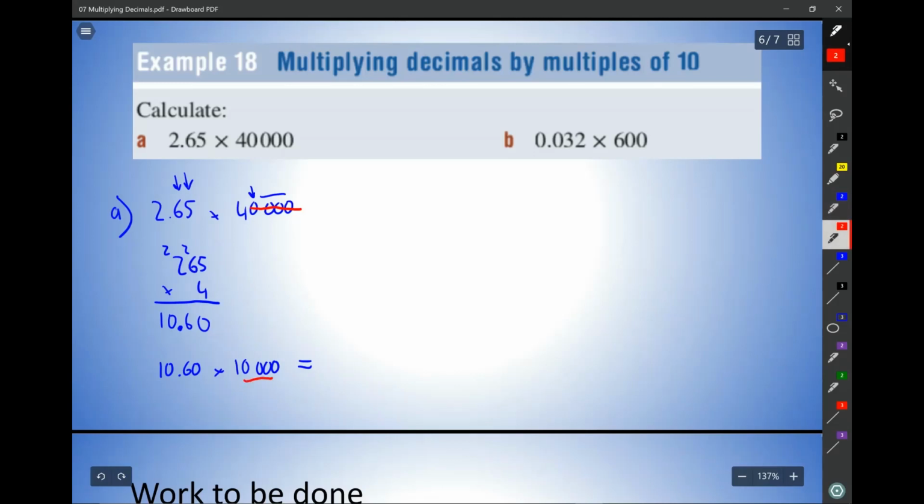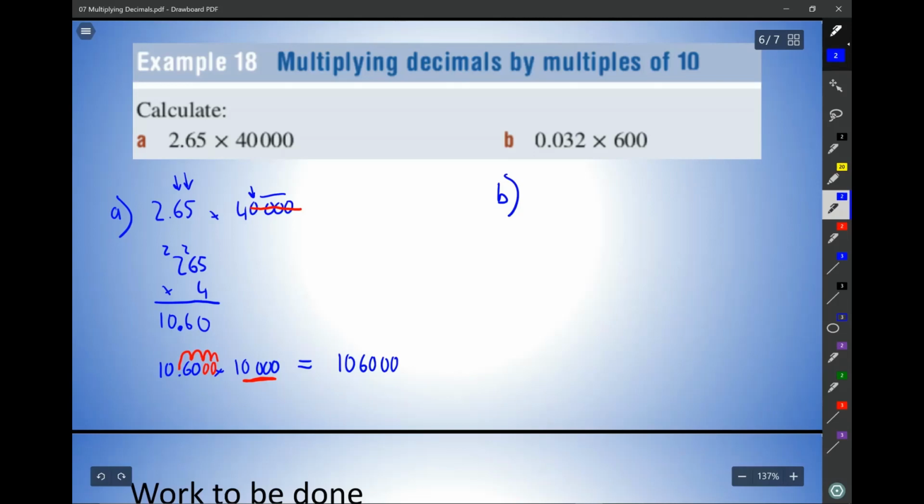And now we have 4 zeros here, so we have to make 4 jumps with our decimal place. And the answer becomes 106,000.